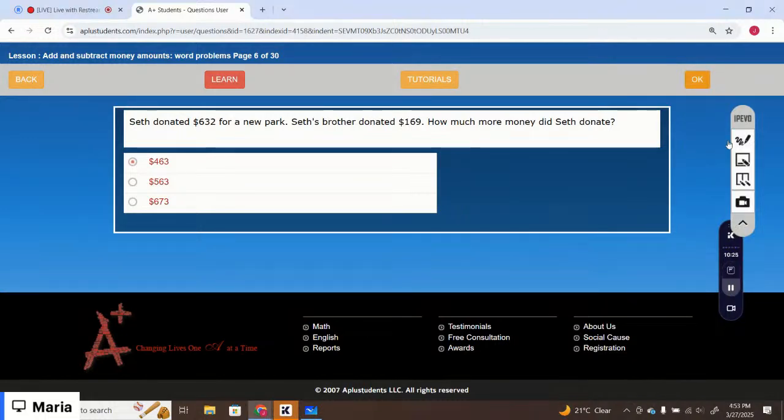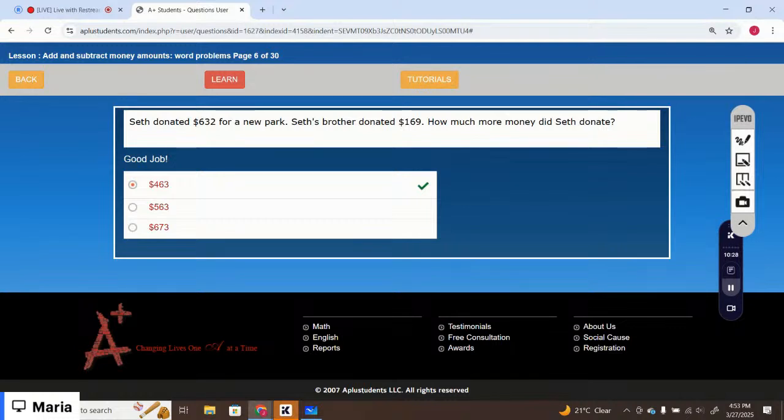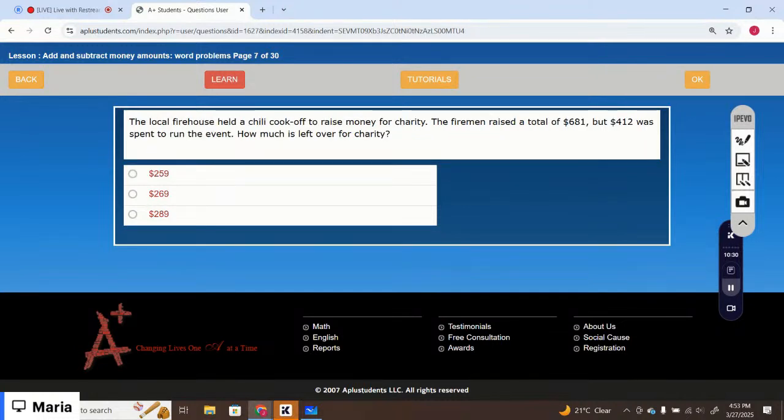Okay, the next one is: the local firehouse held a chili cook-off to raise money for charity.